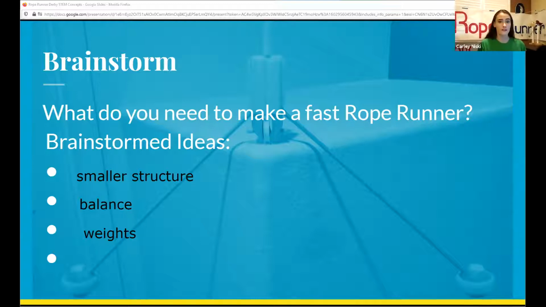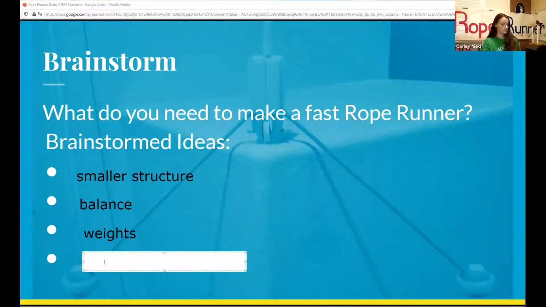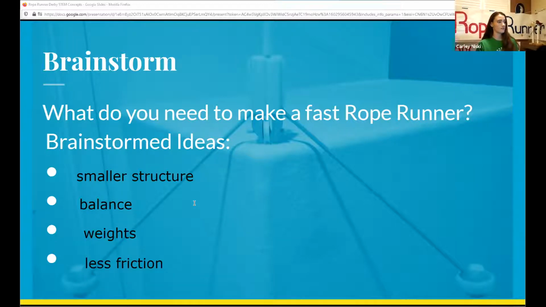Okay. What about forces? What about friction? What do we need to do with friction? Yeah, less friction. There we go. So I see smaller structure and less friction. These are very similar because we're both decreasing air resistance, if you remember that term from yesterday. Looks like we have some chat. Weight, force.